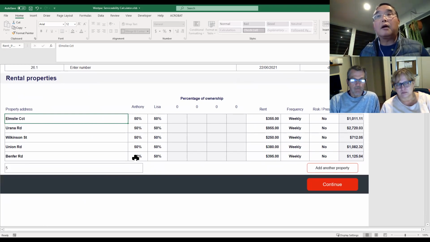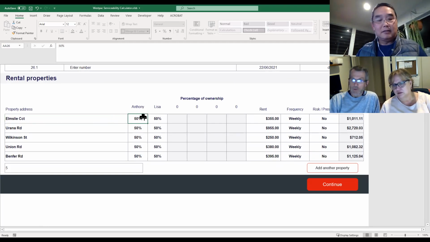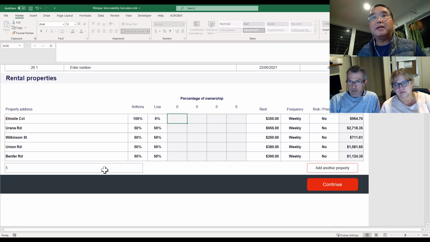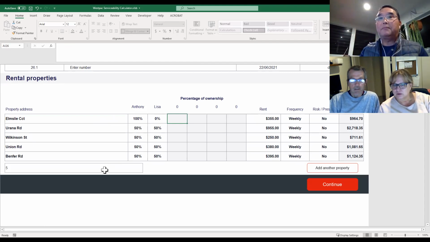But the debt, all the mortgages are under both names. So Elmsley is under your name. Yes, it's from a previous marriage. So that's fine. But the other 4 are 50-50 share. Okay. So the rent, that's all the rental incomes for these 5 properties, all weekly.